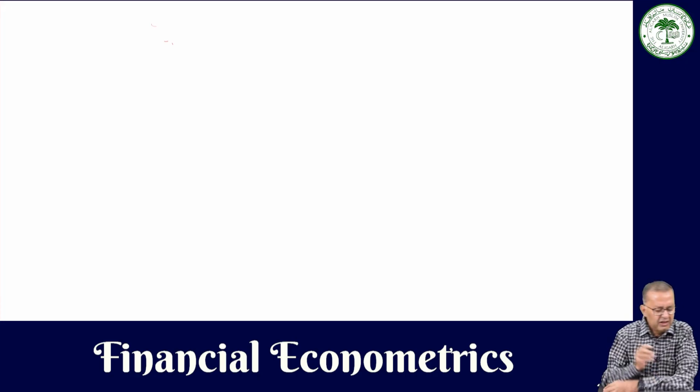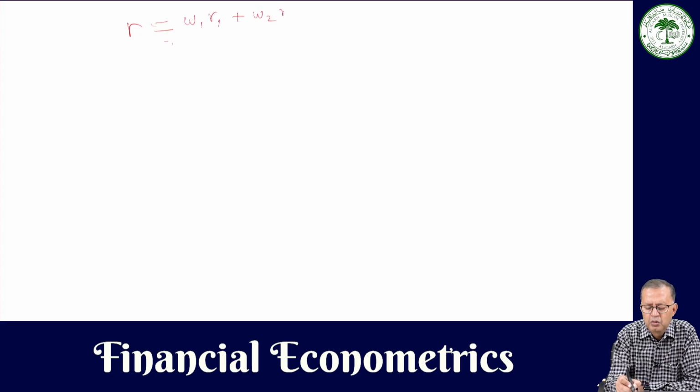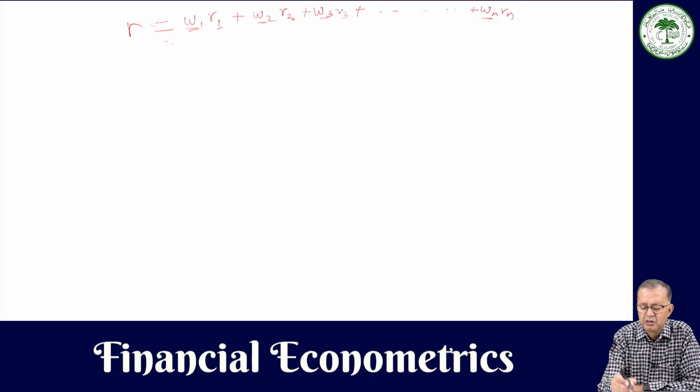We made a calculation, and the return R is W1 R1 plus W2 R2 plus W3 R3 plus ... plus Wn Rn. Here W is the weight or proportion of a particular asset: asset 1, asset 2, asset 3.